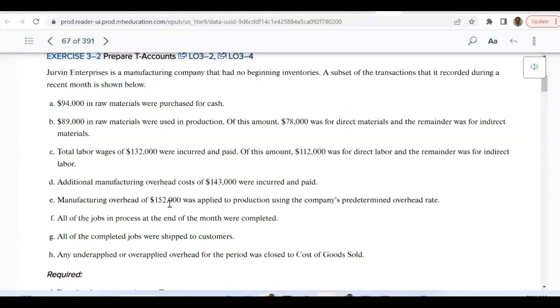Manufacturing overhead of $152,000 was applied based on predetermined overhead rate to production using the company's predetermined overhead rate right there. So $152,000 has been applied to production. Remember, you need to apply the manufacturing overhead, right? So here is how we apply.